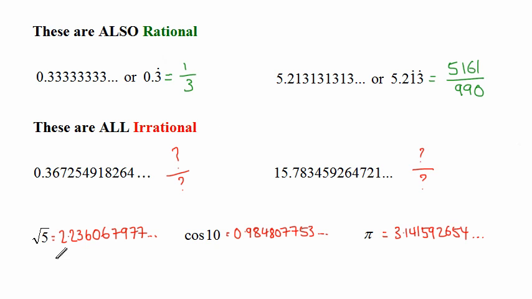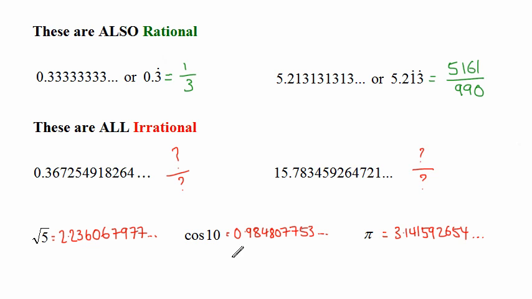So we have the square root of 5, the cosine of 10, and pi. Now I've used my calculator to evaluate these, and what we see is the same thing as these examples here. All of these evaluate to non-terminating decimals that do not contain any sort of pattern. That means converting these into whole number fractions is not possible, and which is why these are all irrational.